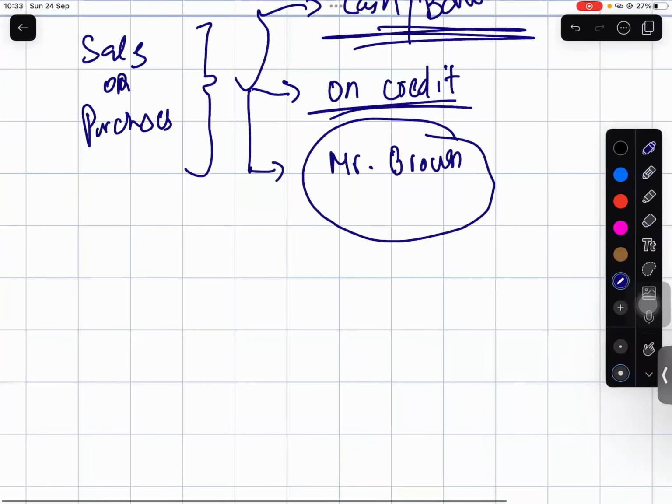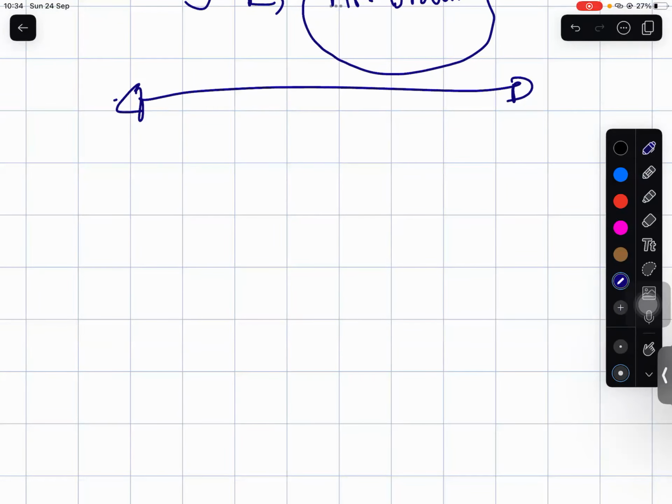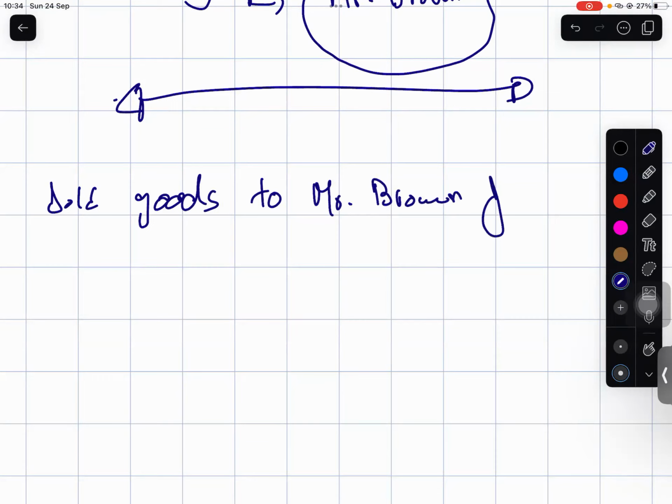Let's say that you were given a transaction stating that you sold goods to Mr. Brown for 300 pounds.